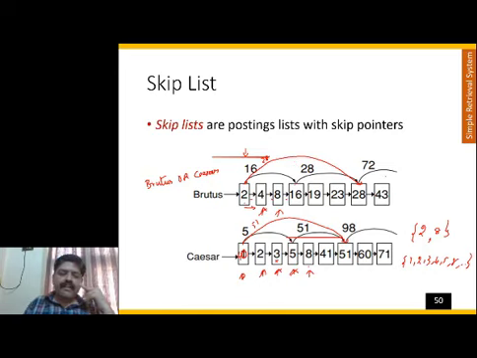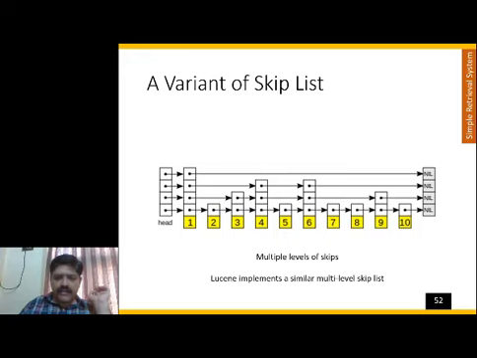So I have a skip pointer over here, and from 4 I go to 6, from 6 I go to 9, and so on. There's another one going from 1 to 4, and there's another one going from 1 to the end of the list as well. So I can implement a multi-level skip to help me do a faster traversal.